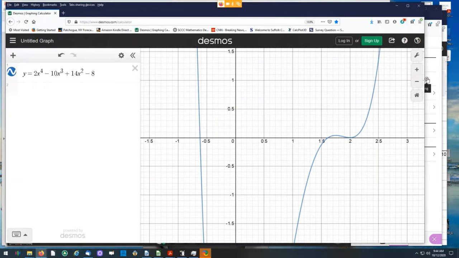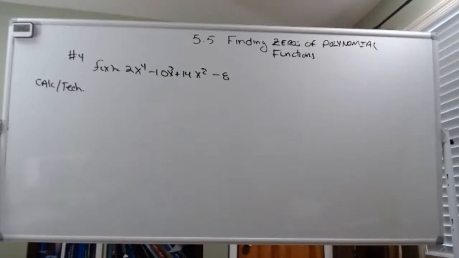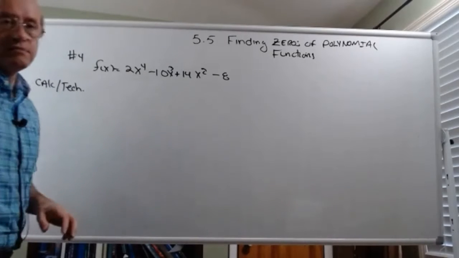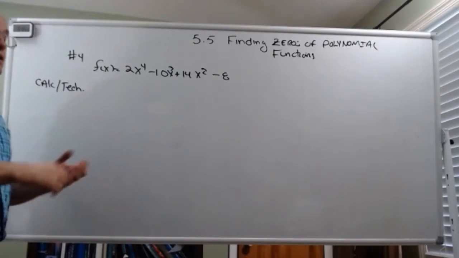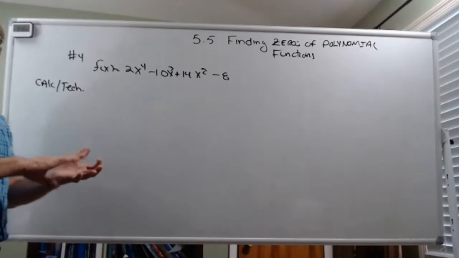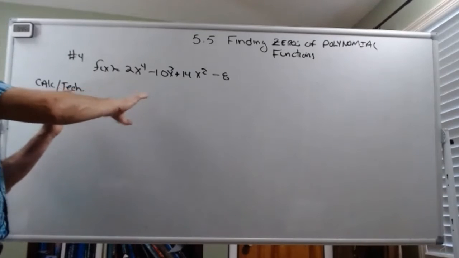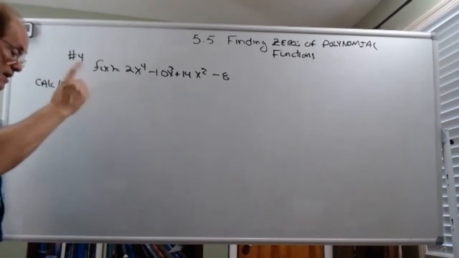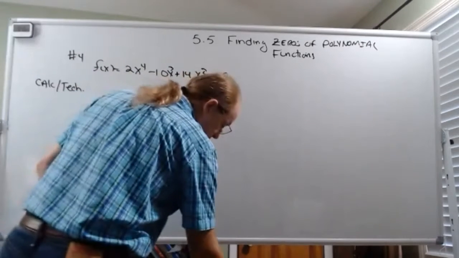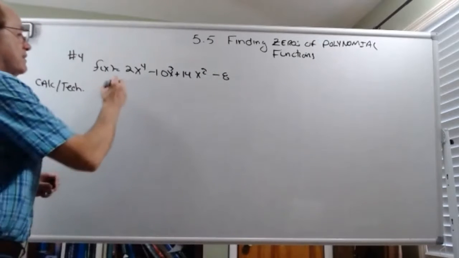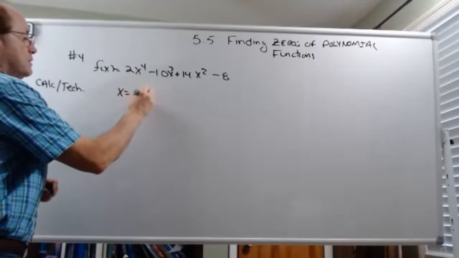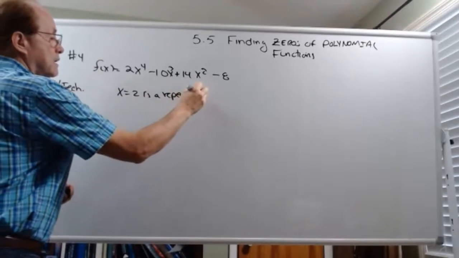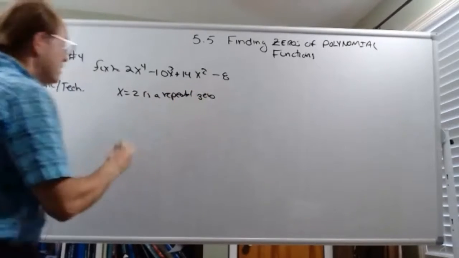So let's go back to this now. From that picture, since I just touched the axis, I know it has to be a repeated 0. Now it could either be 2 or 4. I know it's not 4 because the graph crosses at 2 other locations. It has a maximum of 4 zeros. So from the graph, I see x equal to 2 is a repeated root.